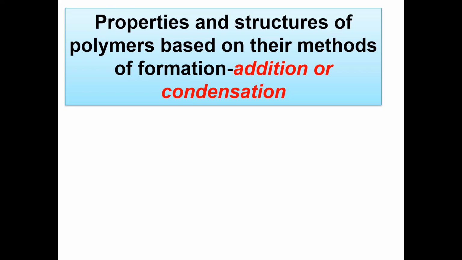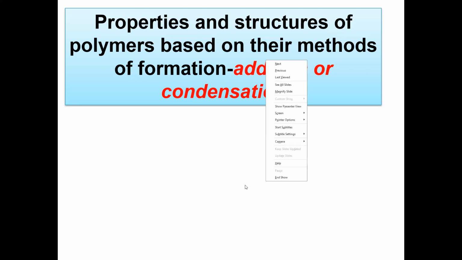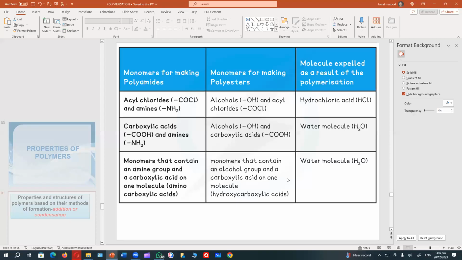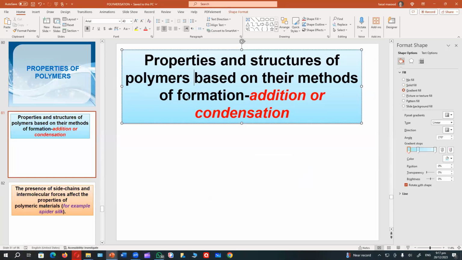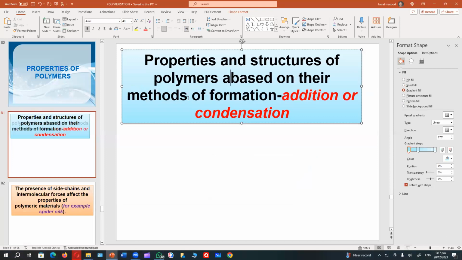What's the context of this topic? Actually, this topic has a background: why we go for such a big exercise, and why the polymer industry has grown so much, why we're making so many polymers, starting from a small shopping bag to bulletproof jackets and everything.